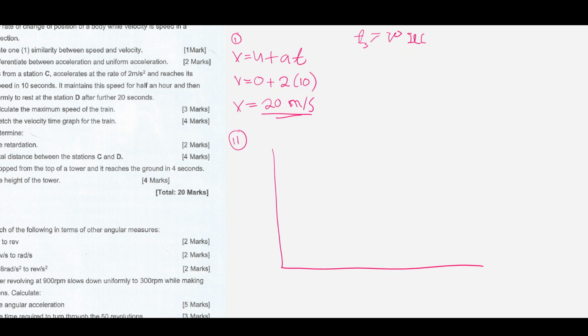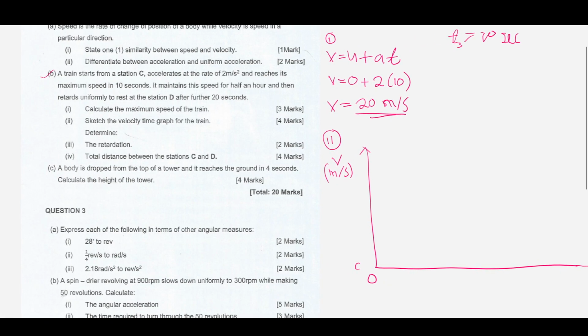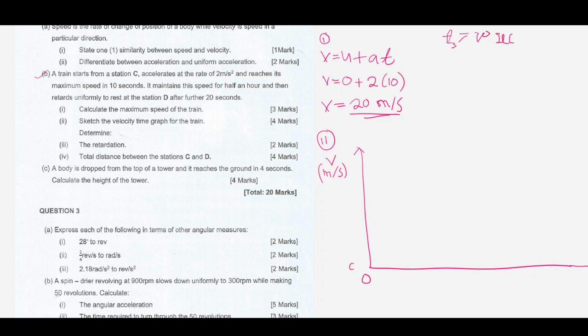Okay, so this is point 0 or station C. There we have the velocity in meters per second, and then here we have the time in seconds. Okay, so the train, if we look at the statement here, the train started from point C, which is point 0 here.